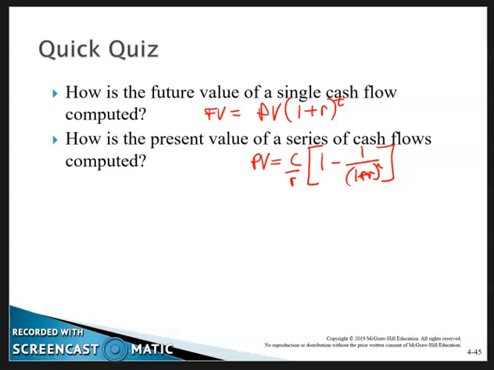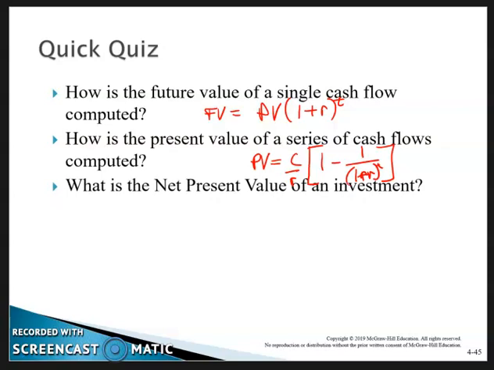So this is the present value of a series of cash flows, the present value of an annuity. We could reverse this: instead of dividing the cash flow by this, we could divide the present value by this and calculate the payment.